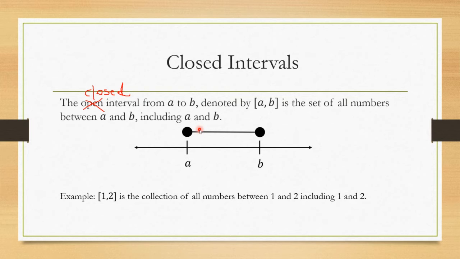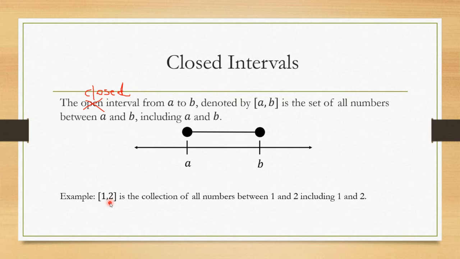So here's an example. We had the open interval from 1 to 2. Here, this is the closed interval from 1 to 2, meaning we include 1 and 2 in this collection. So all numbers between 1 and 2, but we're also including the endpoints. That's what the square bracket tells us.